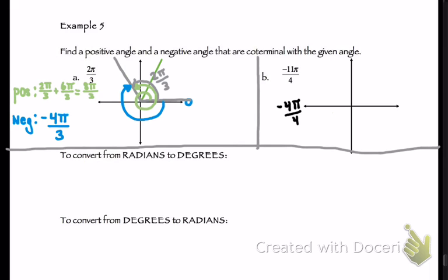What I'm going to do, again, same deal, I'm going to make them into a fraction over 4. So negative pi will turn into negative 4 pi over 4. Negative 2 pi will turn into negative 8 pi over 4. But I don't think I'm far enough yet, right? So watch this. Negative 4, negative 8.